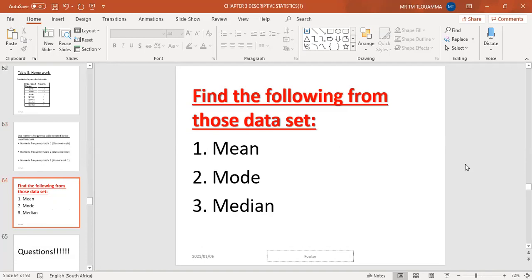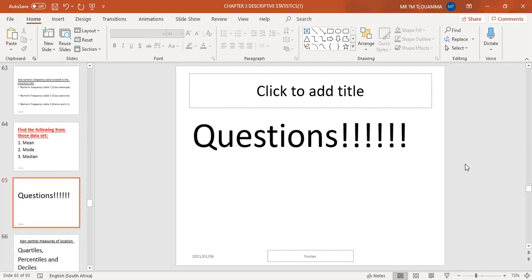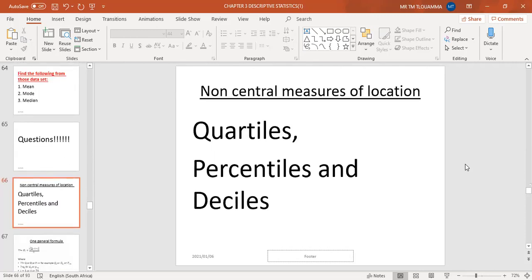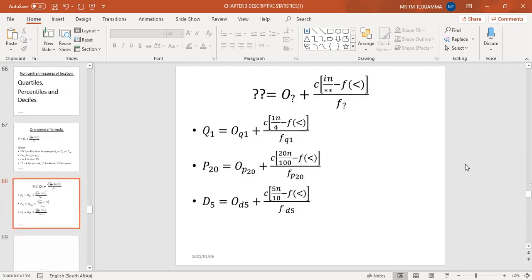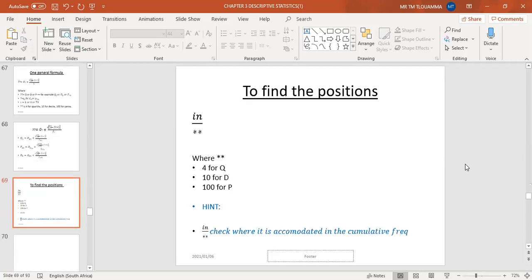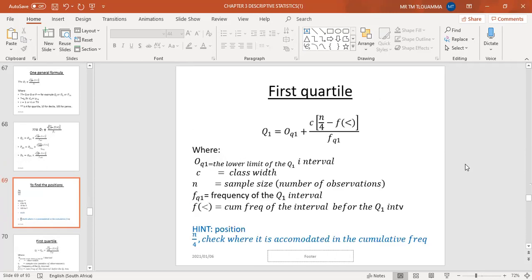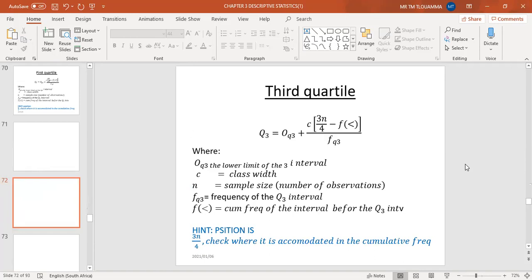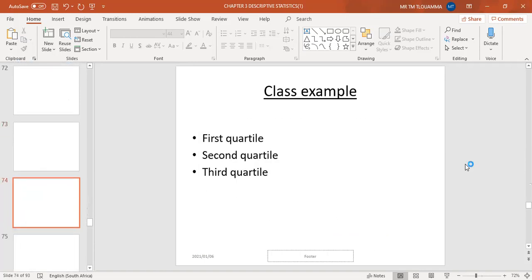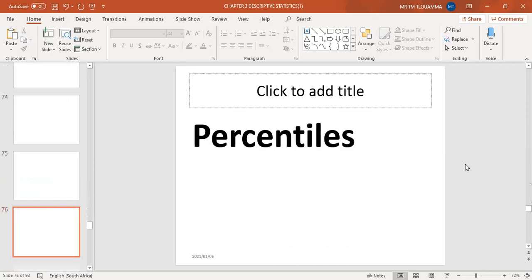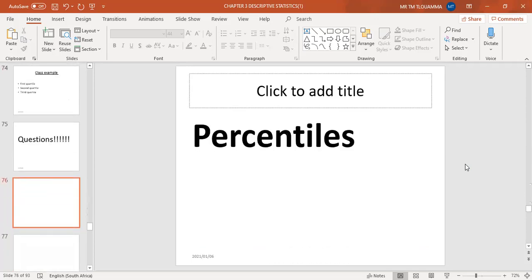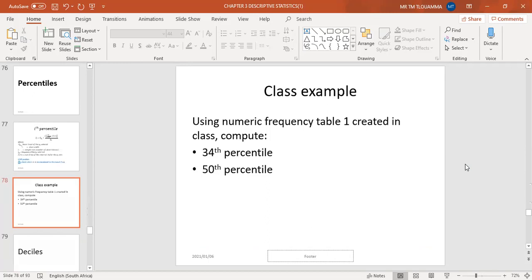So if you master these three measures, you will also be done. Then the same applies to the quartiles, percentiles, and decimals. Then you'll be done. The rest is just the standard deviation, the variance, and also the box and whisker.